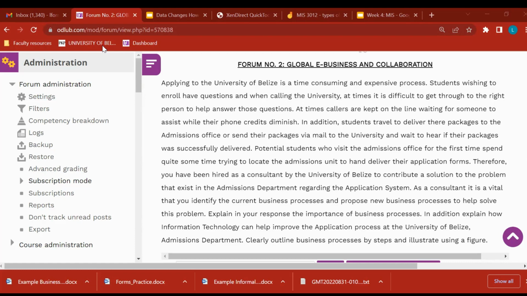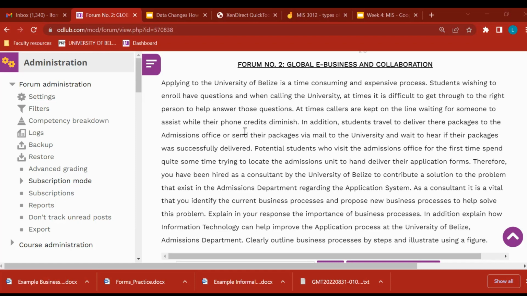Explain in your response the importance of business processes. In addition, explain how information technology can help improve the application process at the University of Belize admissions department. Clearly outline business processes by steps and illustrate using a figure.